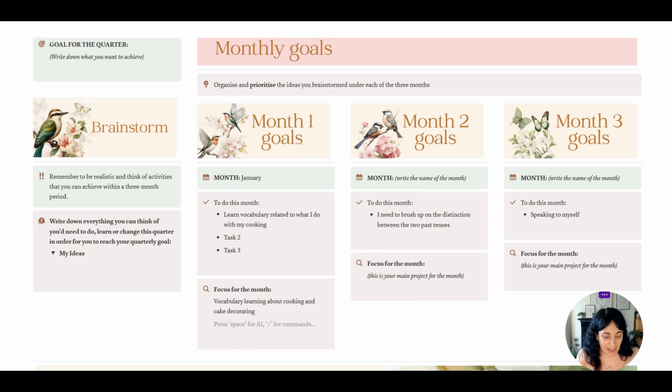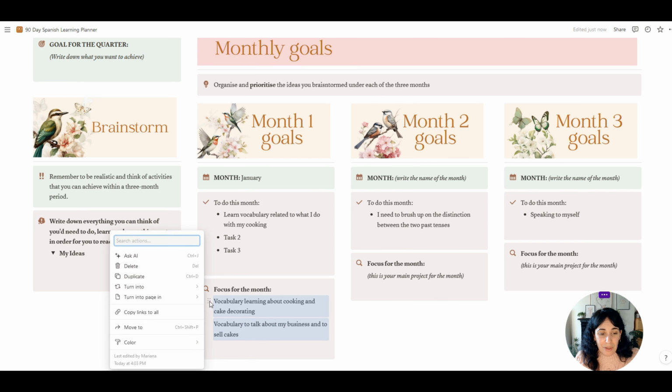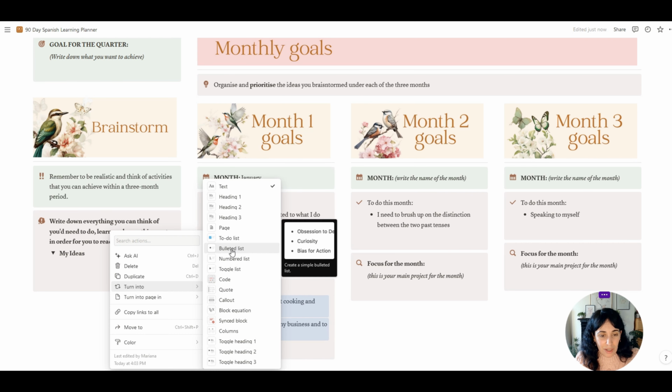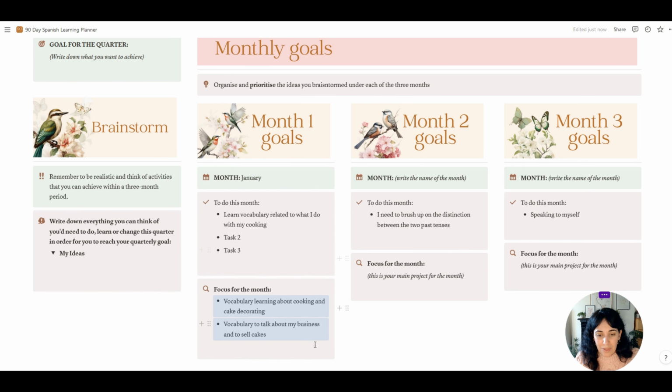So, vocabulary to talk about my business and to sell cakes. I don't know. Yeah, and again you can make this into a bullet point by going here, turn into bulleted list, and that's it.